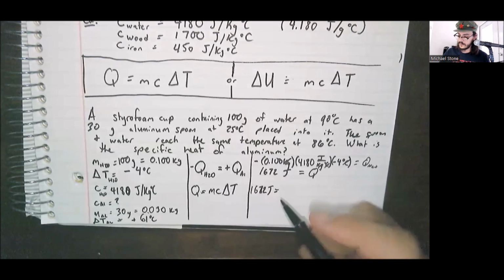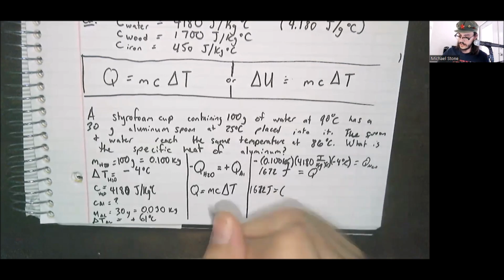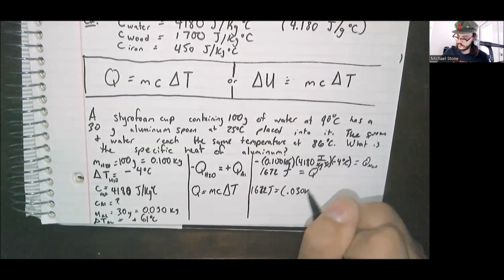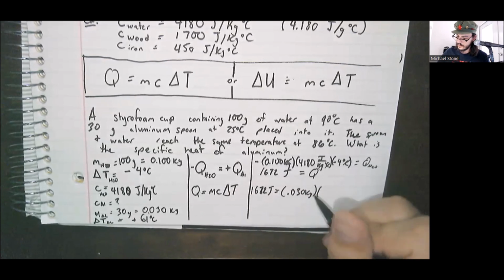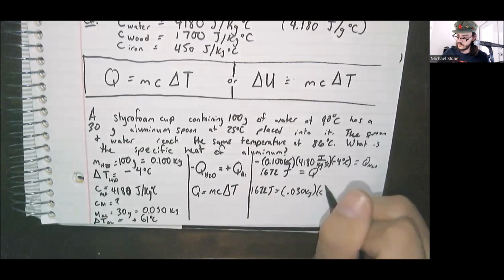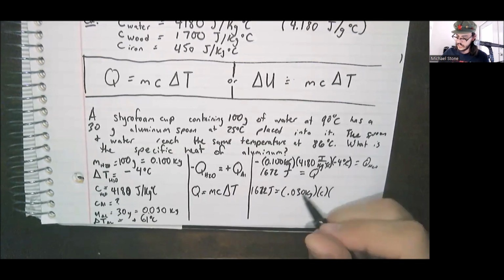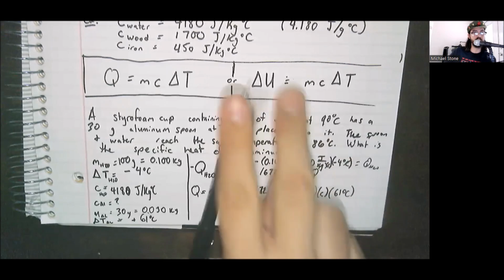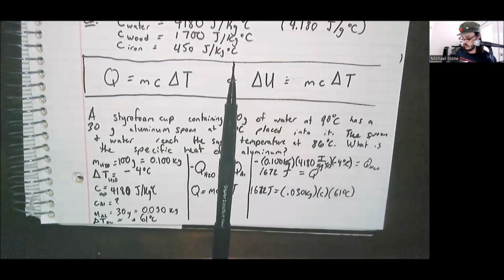And then that goes into the aluminum, which had a mass of 30 grams and an unknown specific heat and a temperature difference of 61 degrees Celsius between its original temperature and its new one. So 1672 gets divided by 0.03, and then it gets divided by 61.